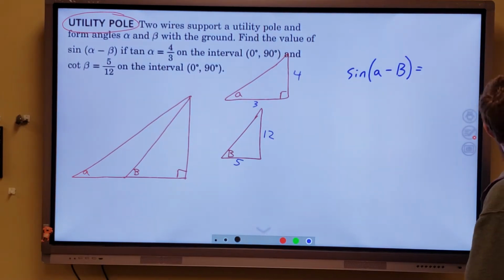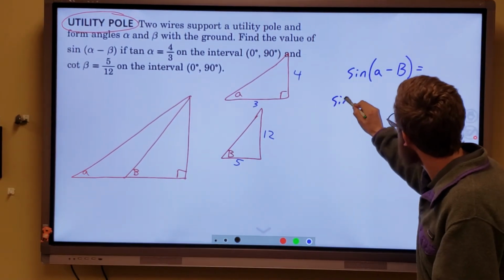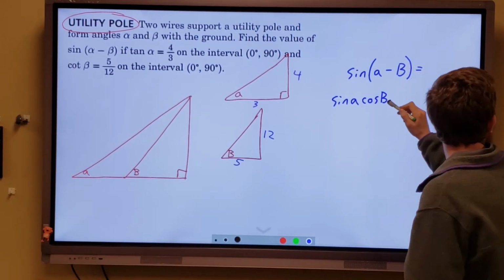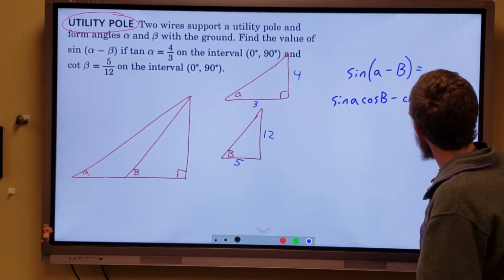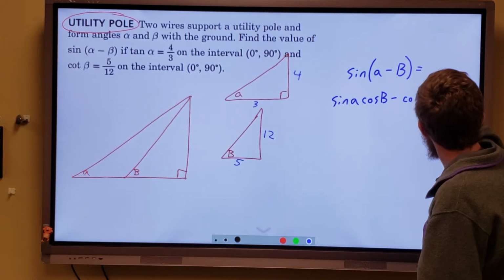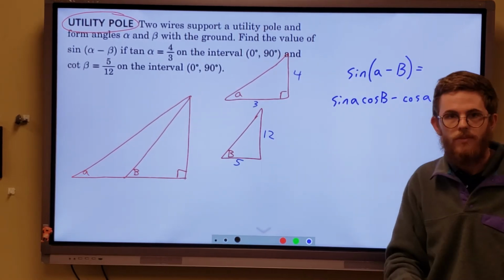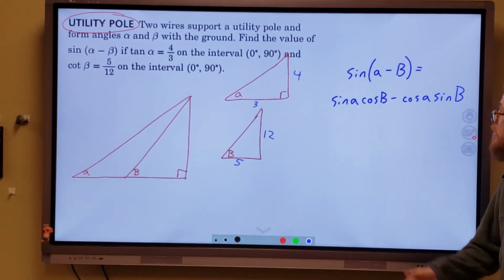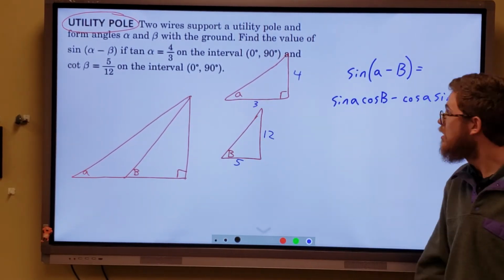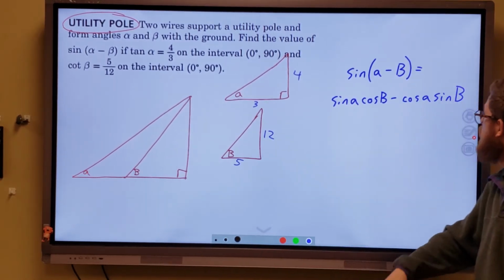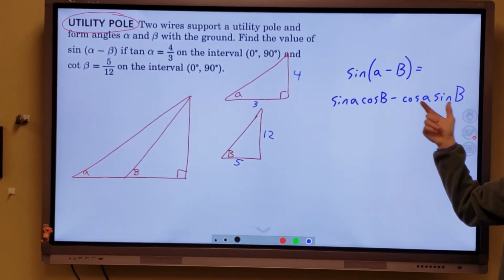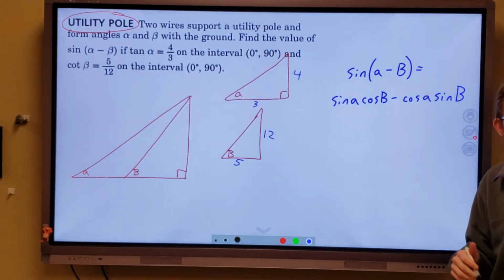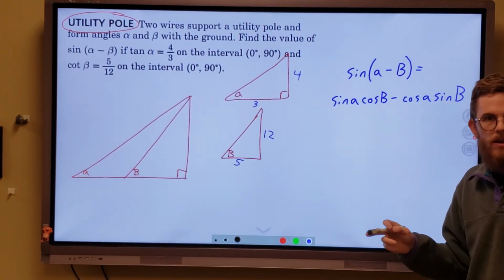Our difference identity for sine is sine of A cosine of B minus cosine of A times sine of B. I'm not going to work this one the rest of the way out because I think we can handle it. We find the sine of A, the cosine of B, the cosine of A, the sine of B, we plug those in, we simplify it, and then we get our answer.